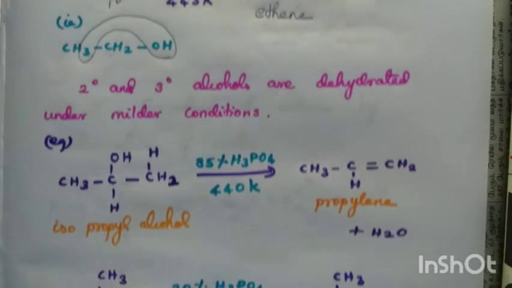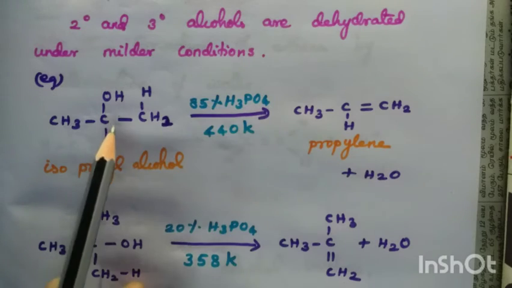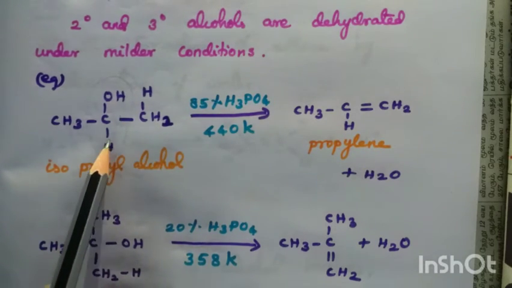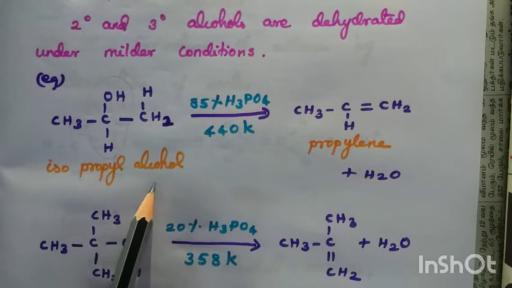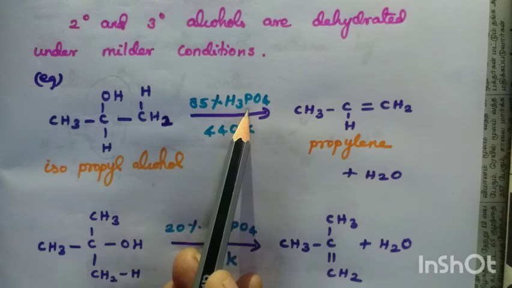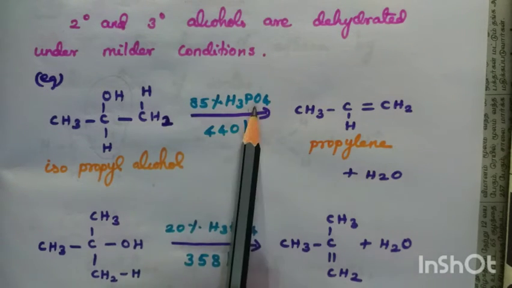Now, secondary alcohol and tertiary alcohol we are going to see. Secondary alcohol means CHOH. Example, the standard example is isopropyl alcohol. So, a milder dehydrating agent than concentrated sulfuric acid is needed. Concentrated sulfuric acid is a powerful dehydrating agent that must be used for primary alcohol.